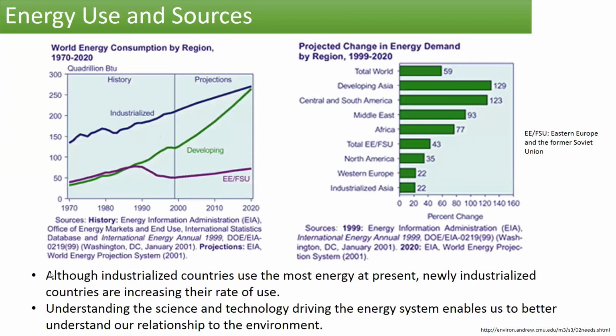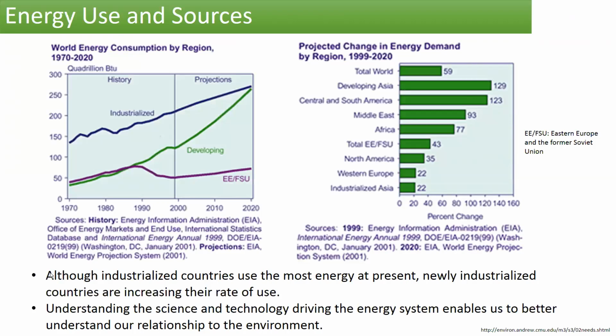So in this slide, we can see how, by region, we consume energy nowadays and towards the future. We see here that the developing countries have been using a lot of energy in the past, and are also projected to use more energy in the future. The industrialized region is increasing as well.